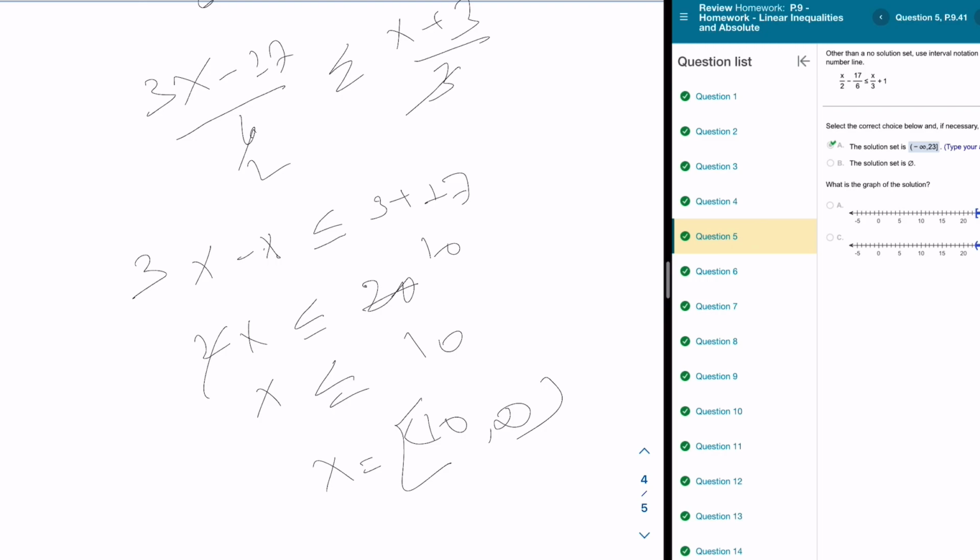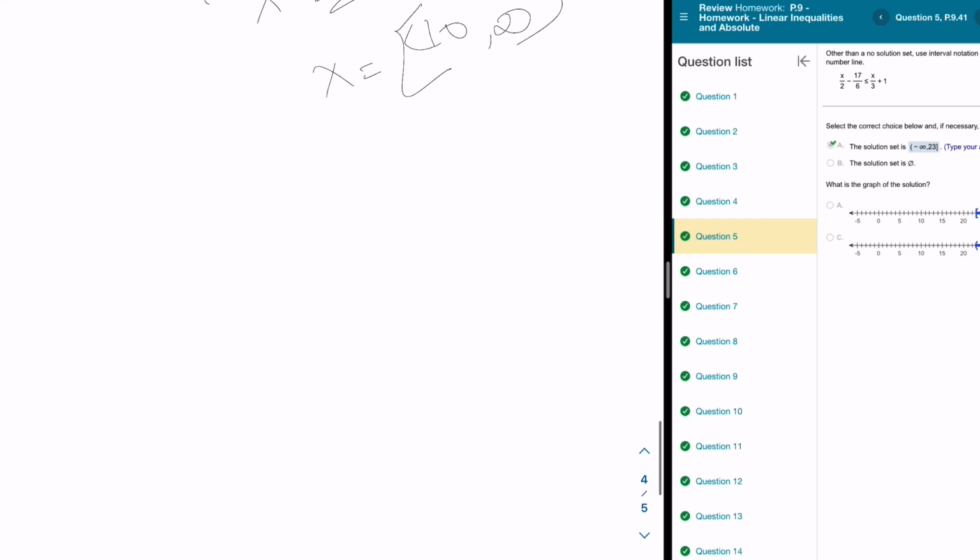Oops. I made some mistake. 3x minus 17. Where did I make a mistake? I think we messed up. Where did we make the mistake? This is the reason we need to be really careful.